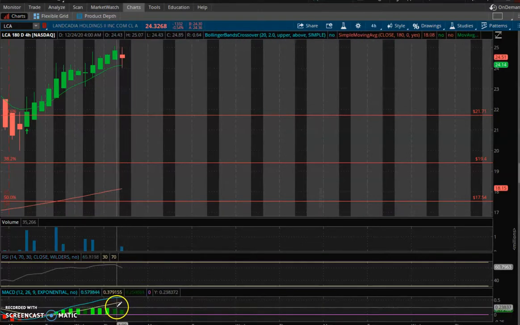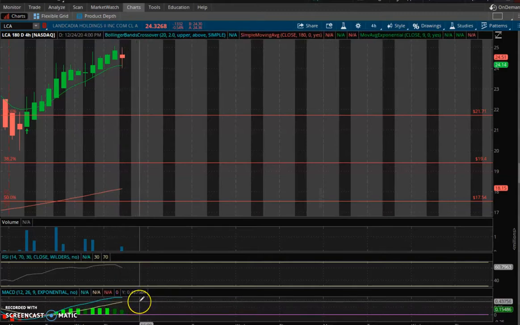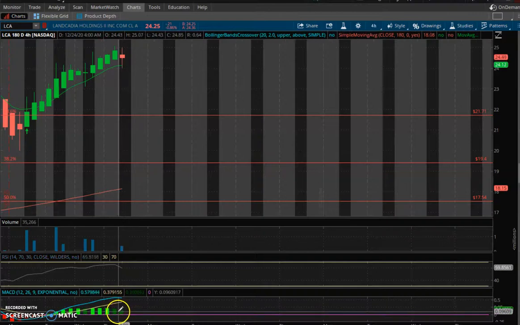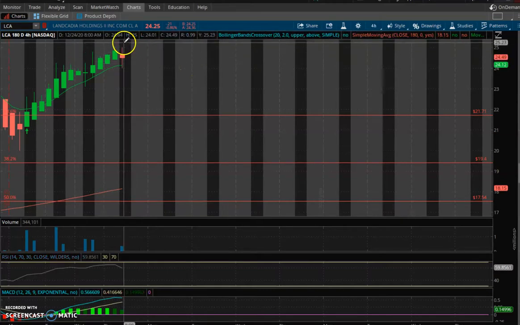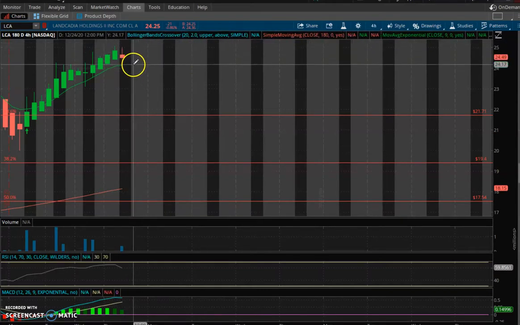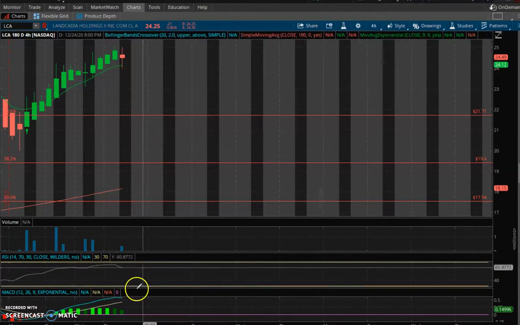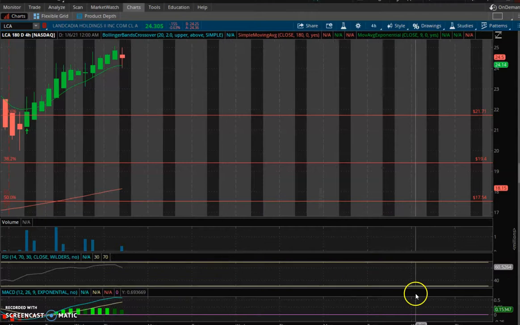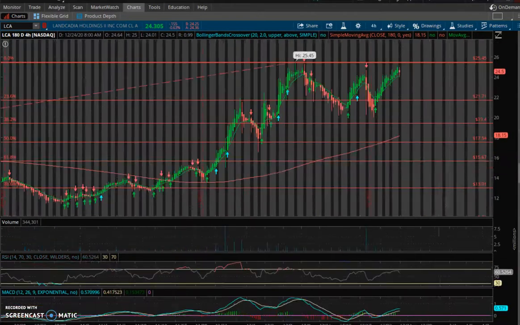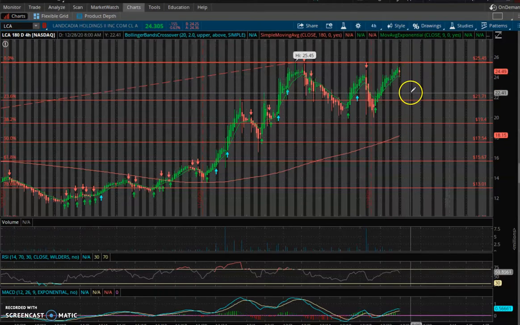My lines are looking like they want to go towards each other, and I notice that my green bars down here are getting smaller and losing steam. So it's something to keep an eye on. If I get a sell signal on top of this doji candle, or if I get another candle right here with a sell signal, then chances are these lines are going to get closer together or potentially cross, and it's basically going to tell me that I'm going to see a little sell-off.